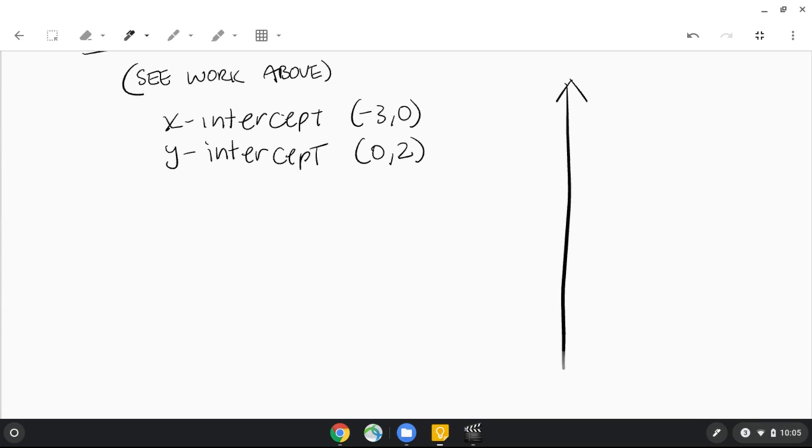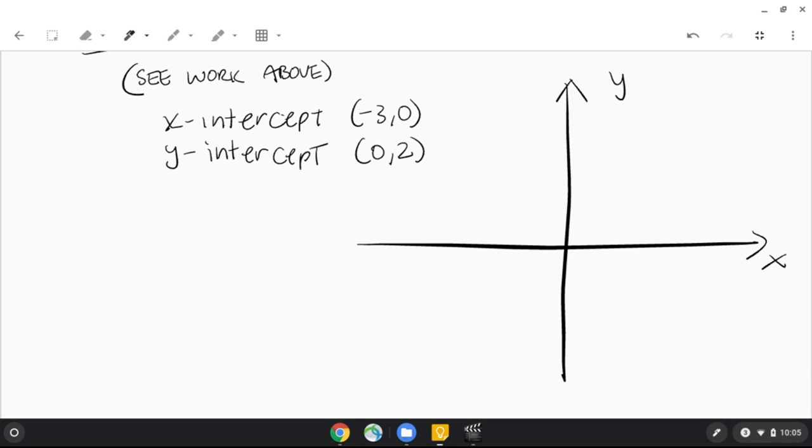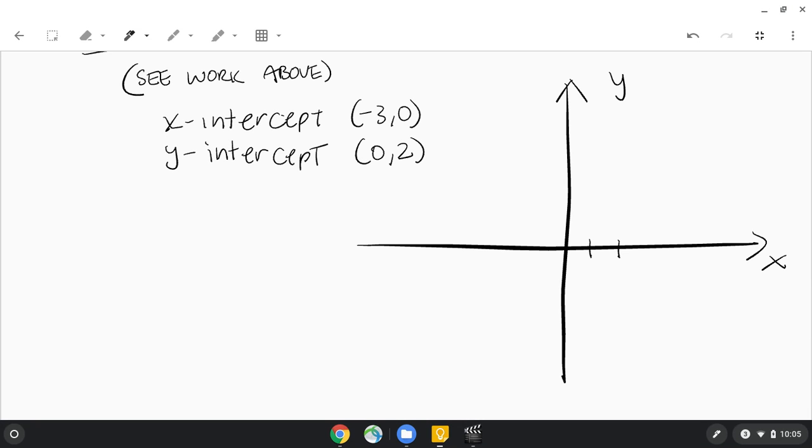This is our x-axis. That's our y-axis. These are like number lines. So this is like +1, +2, +3, and the other side will be negative.